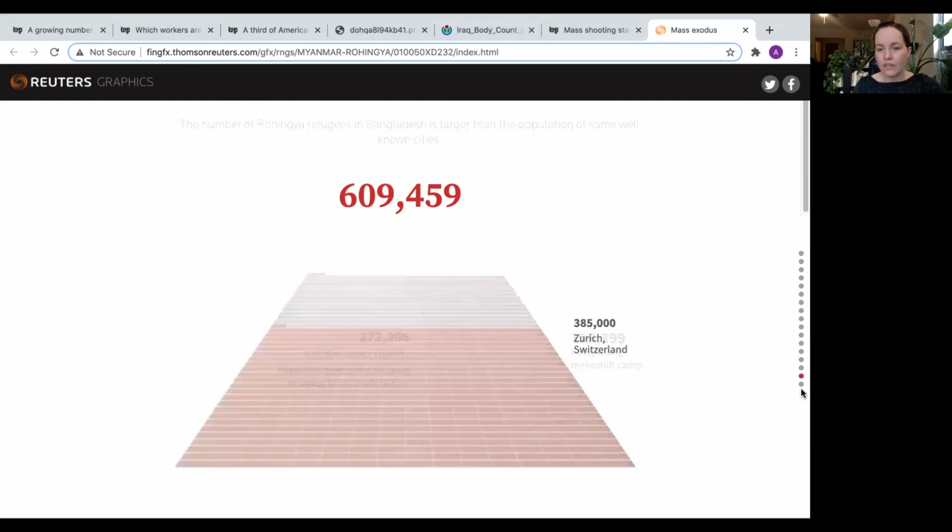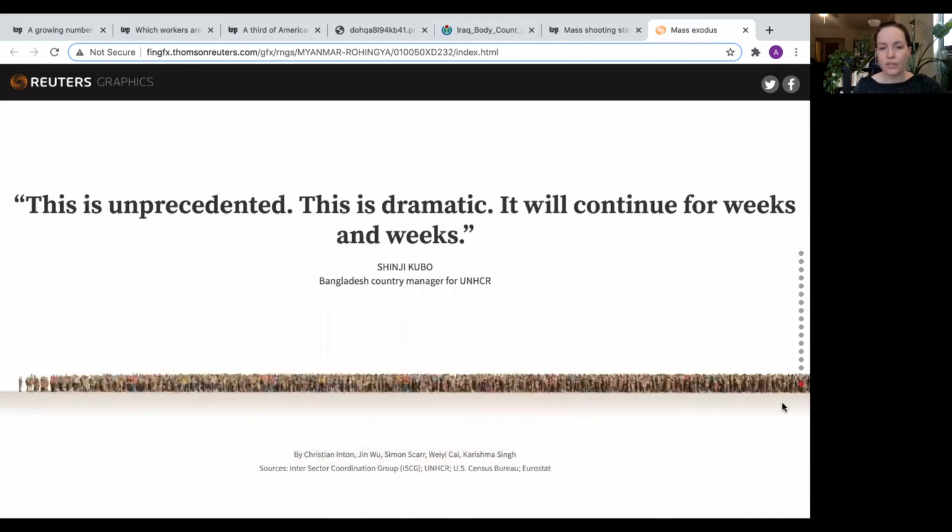But at the end, it returns to that icon chart where you're looking at eye level at images of people who represent Rohingyas in this crisis. So I really like this visualization because it lets you see individual people, zooms out to the mass, and then returns you there after you've gotten some of that more precise information.